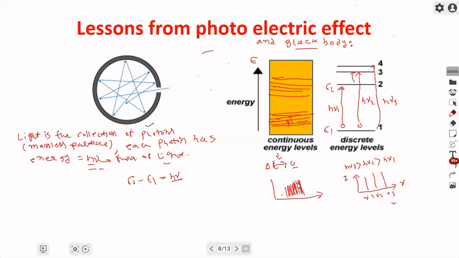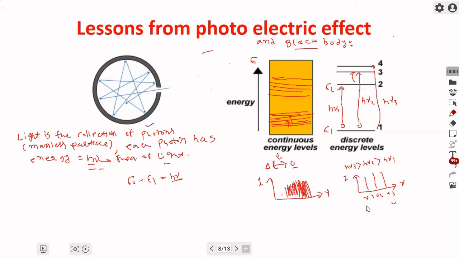So all the frequency lines come very closely spaced, so that it appears quasi-continuous, or continuous. Characteristic of continuous energy levels is that the spectrum will be continuous, and discrete energy levels mean we will get specific values of the frequencies.